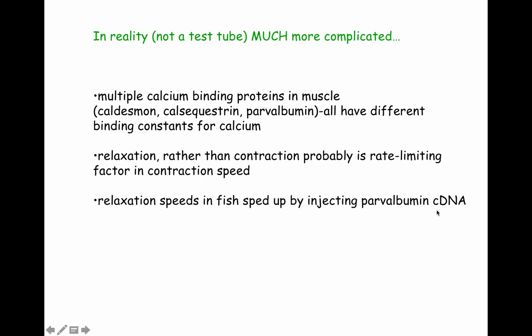So you give more cDNA of parvalbumin. That's translated into more protein copies of parvalbumin, and their relaxation speed speeds up. So this is just an illustration of what I'm talking about up here, in that it's complicated. It's not just the troponins. It's also these other calcium binding proteins that determine how fast your muscles are going to work.